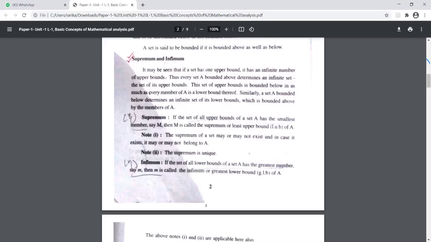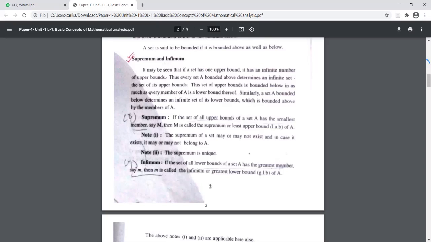This set of upper bounds is bounded below, inasmuch as every number of A is a lower bound thereof. Similarly, a set A bounded below determines an infinite set of its lower bounds, which is bounded above by the members of A.